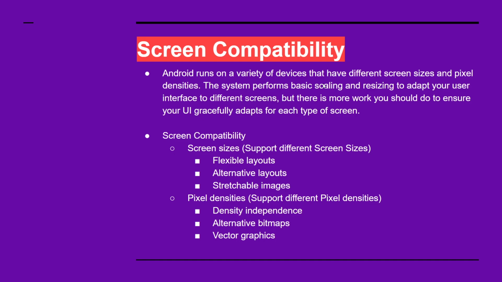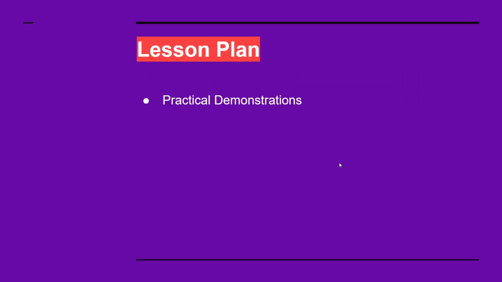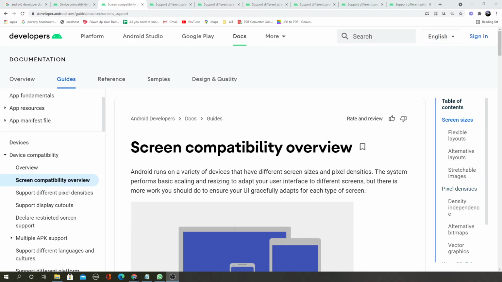Under screen sizes, that is supporting different screen sizes, we'll be discussing flexible layouts, alternative layouts and stretchable images. Then under pixel densities, we'll discuss the concept called density independence, providing alternative bitmaps and the use of vector graphics. As usual, we will be based on practical demonstrations.